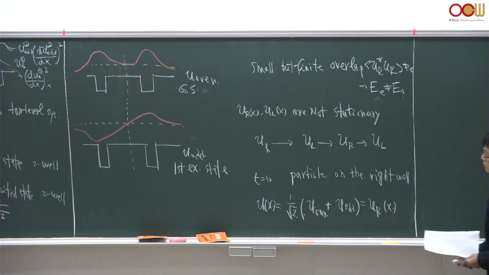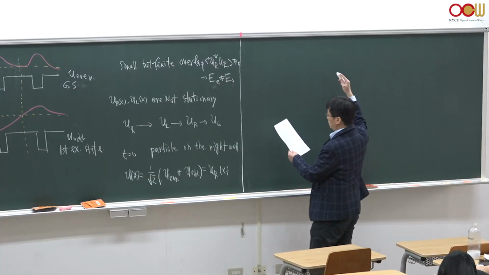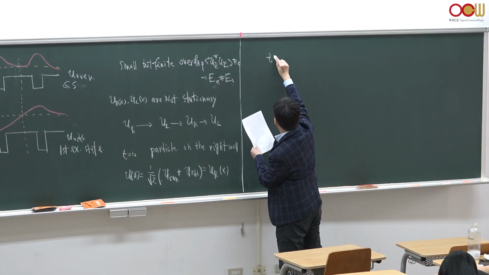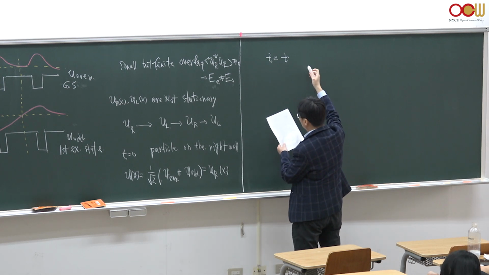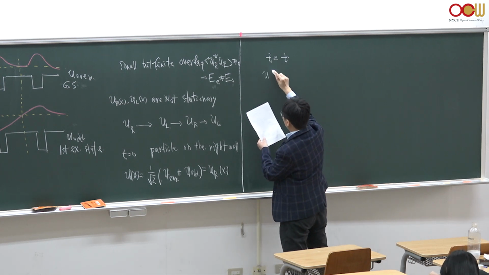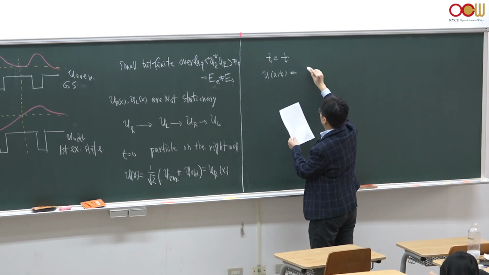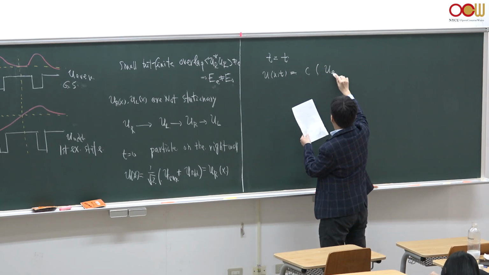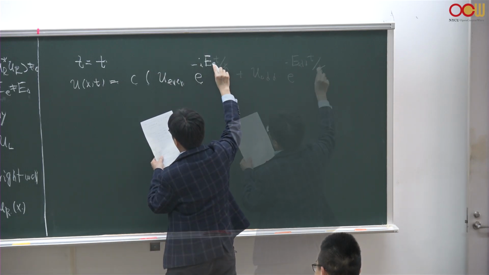Okay, suppose that initially the particle is on the right well, then let's just time evolve the state to t equals t, where t is larger than 0. You can follow the time evolution of a Schrödinger state by multiplying this initial state by the time evolution operator.